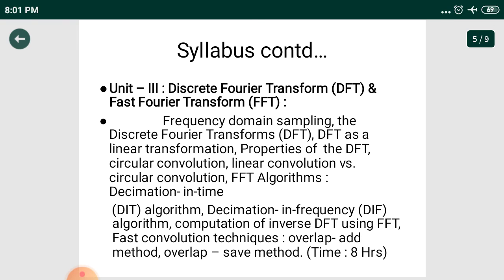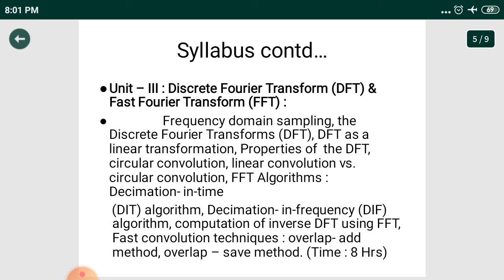Now, the third unit is discrete Fourier transform and fast Fourier transform. It consists of frequency domain sampling, the discrete Fourier transform DFT. DFT as a linear transformation, properties of the DFT, circular convolution and linear convolution versus circular convolution, then FFT algorithms, decimation in time, DIT algorithm, and decimation in frequency, that is DIF algorithm.